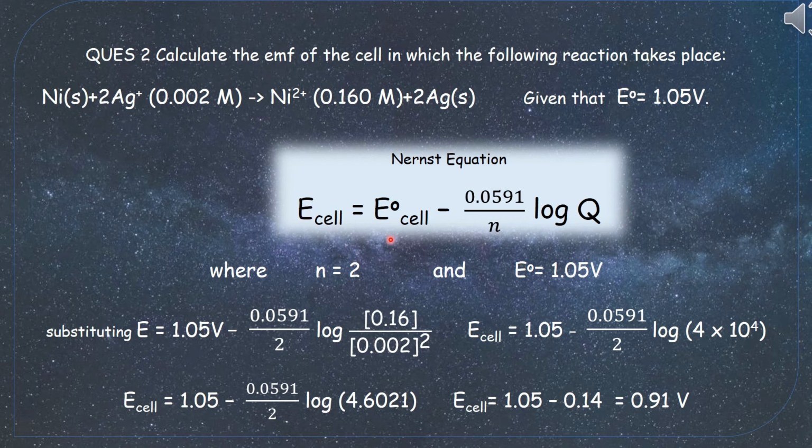The Q is the concentration of nickel divided by the square of the concentration of silver. Now if you substitute, you will get this, and using this you can calculate the E cell of a non-standard cell.